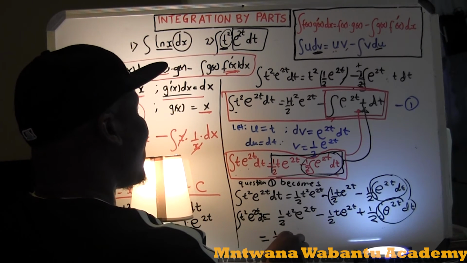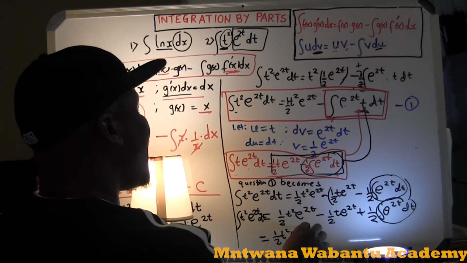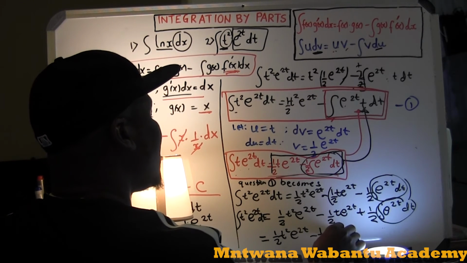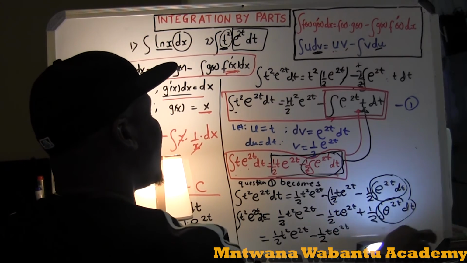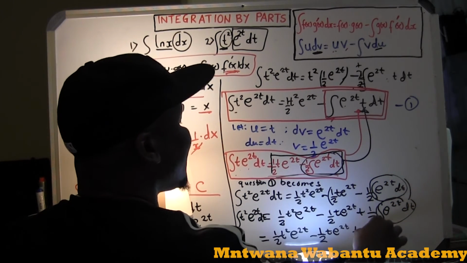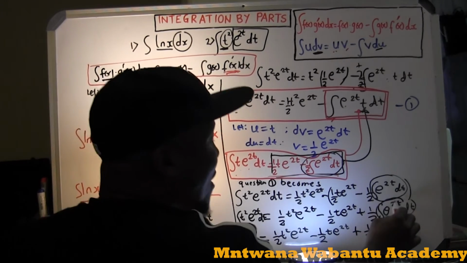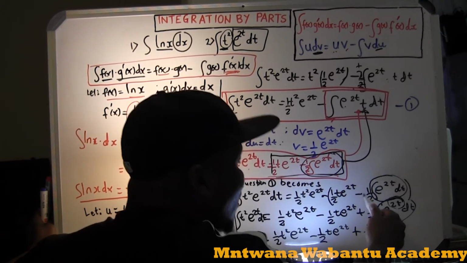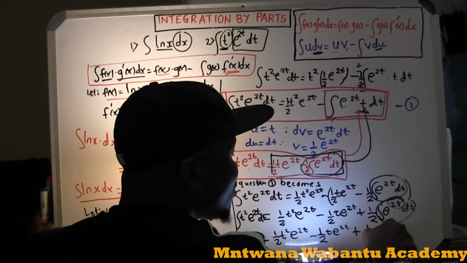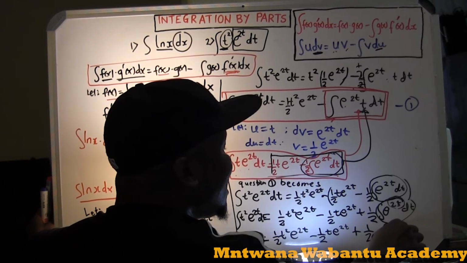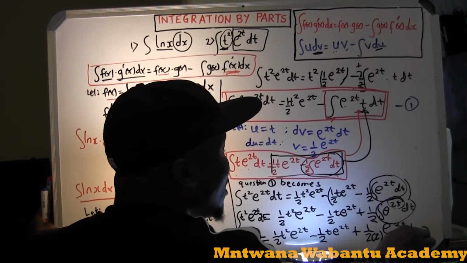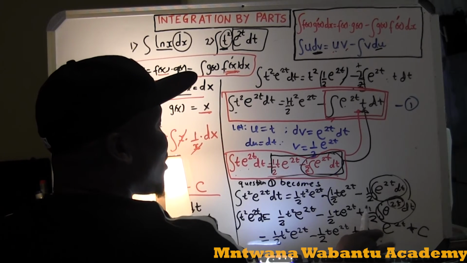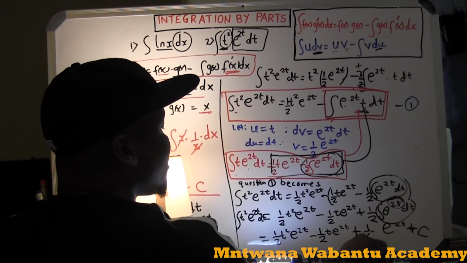So it equals half t squared e^t minus a half t e^t, and this is going to be plus 1 over 2 which is 2. When you integrate e^(2t), you have to differentiate, it's going to give us 2, and 2 times 2 equals 4. So we take 2 times 2 and write e^t plus a constant. We know 2 times 2 equals 4, so I don't have to write 2 times 2 anymore, we can just erase and write 4.